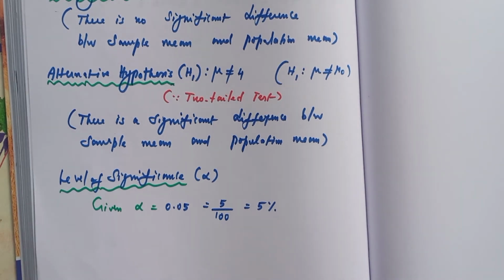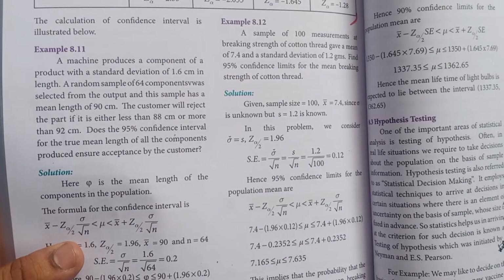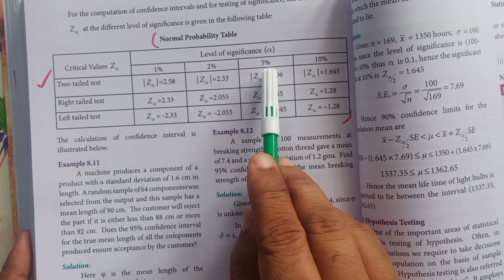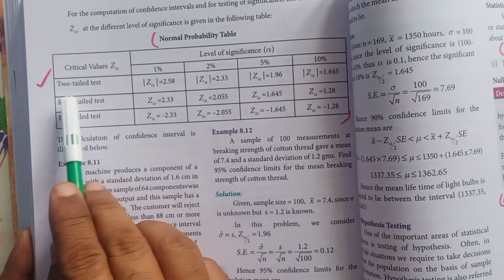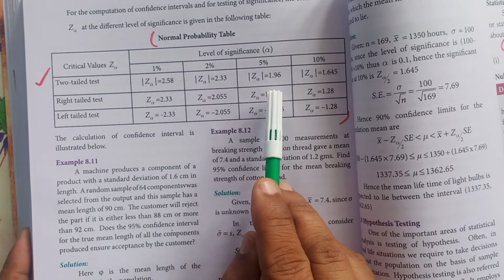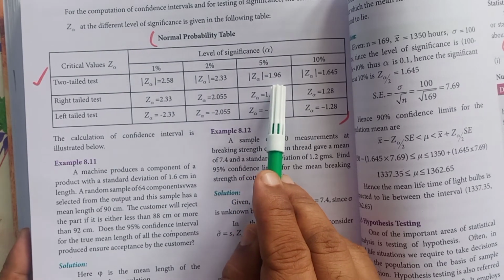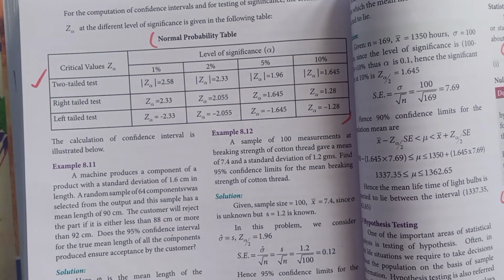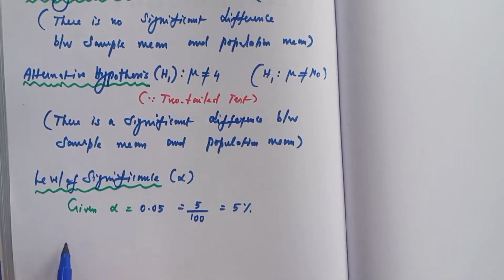Now you can refer to the table. Level of significance, here it is, 5%. It is a two-tailed test, correct? For a two-tailed test at 5%, modulus of Z alpha is equal to 1.96, from the table.